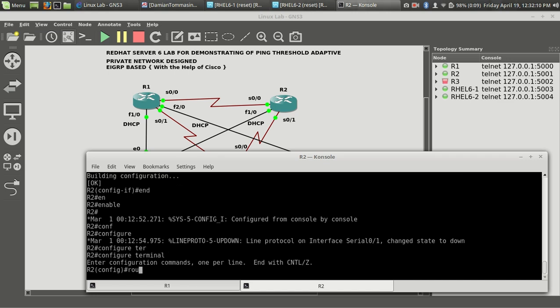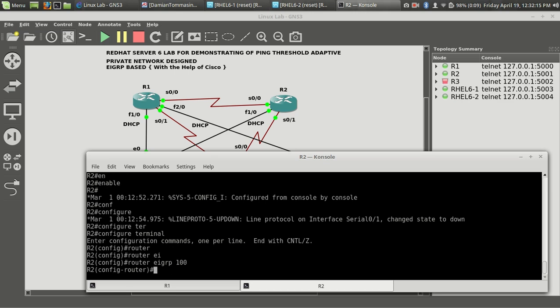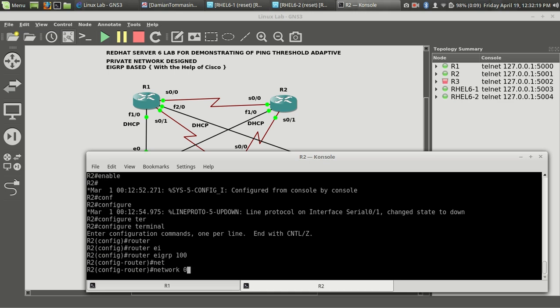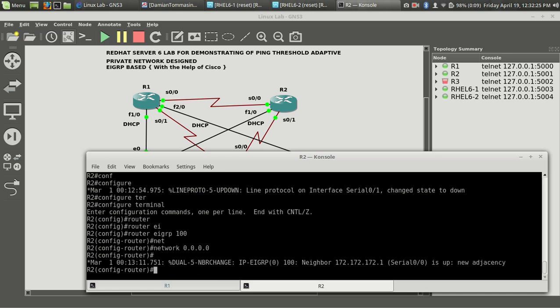The protocol I would like to use is EIGRP, with AS number 100, network 0.0.0.0. That means I am advertising all networks. I don't want to use auto-summary. I repeat, I don't want to use auto-summary.